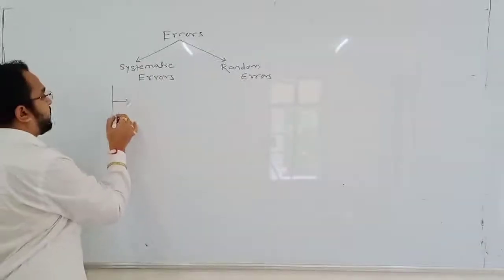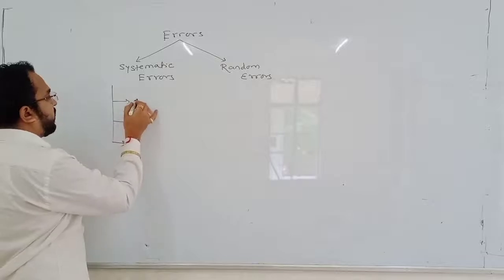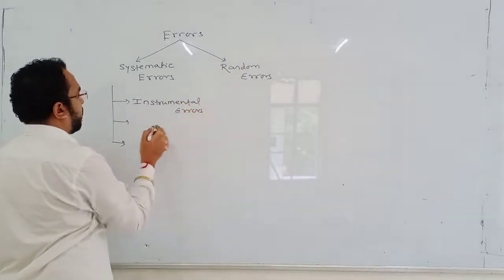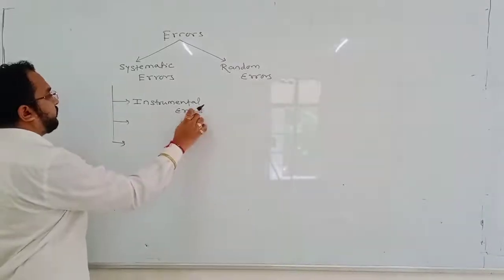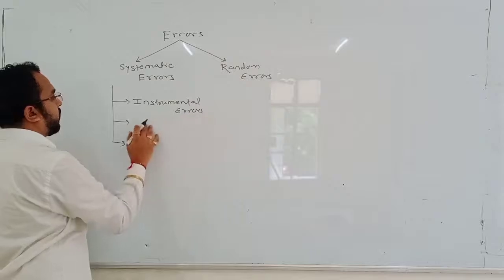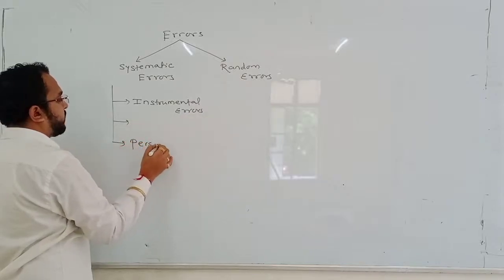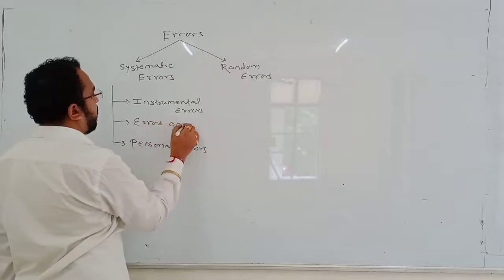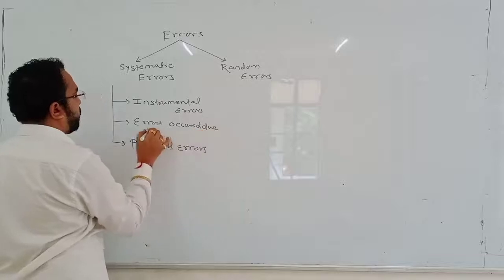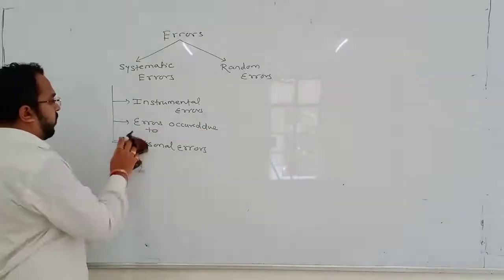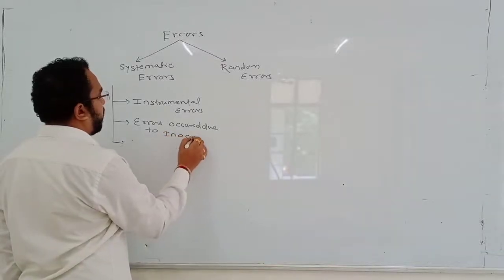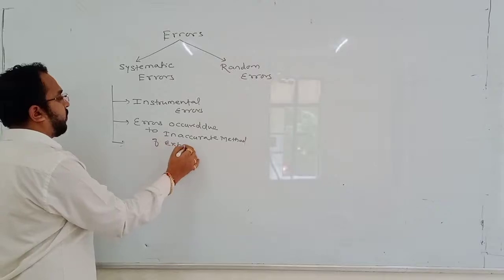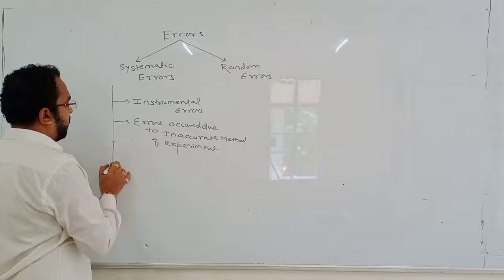Okay. So systematic errors are again of three types, which are instrumental errors, then errors occurred due to inaccurate method of experiment, and the third one, personal errors.